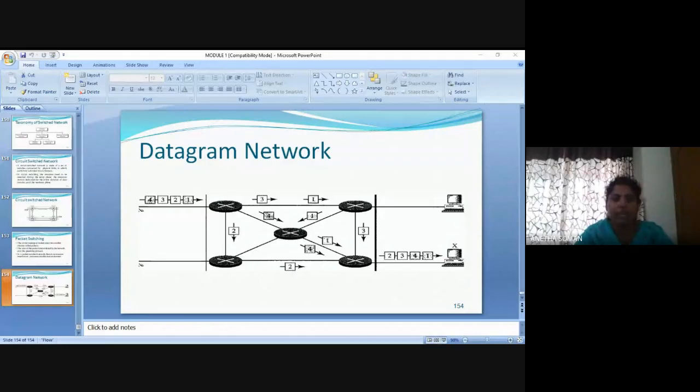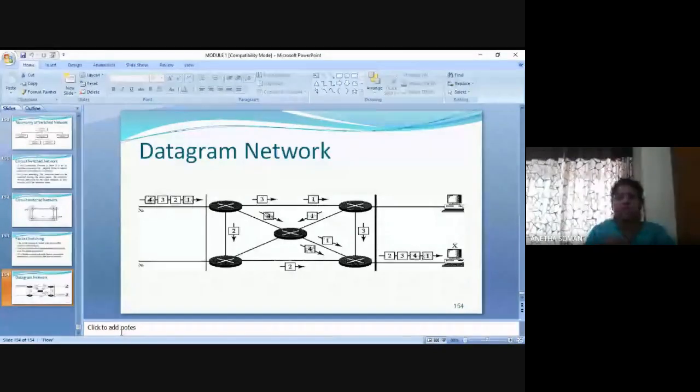of packet switched networks. The main one is the datagram network. Now, what happens in a datagram network? Here, as you can see in the diagram, each packet is treated independently of all others. There is no setup or tear down phase in this datagram network.